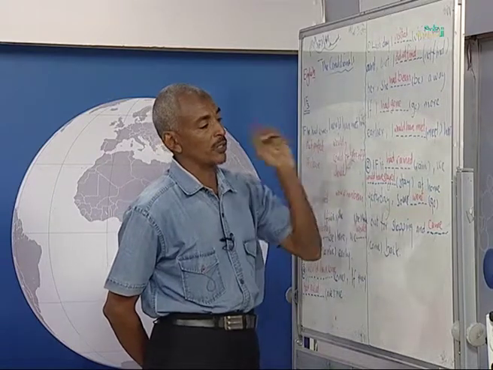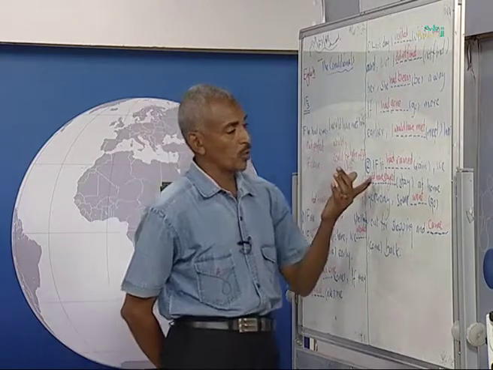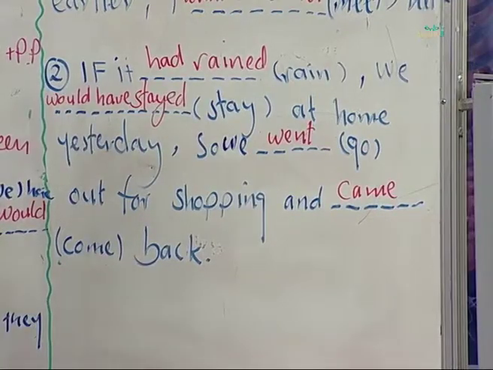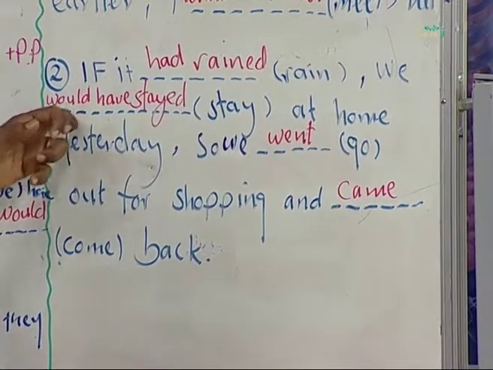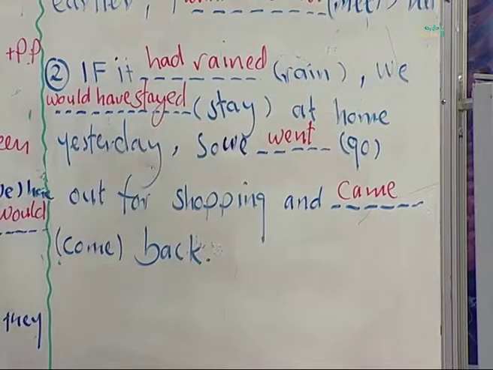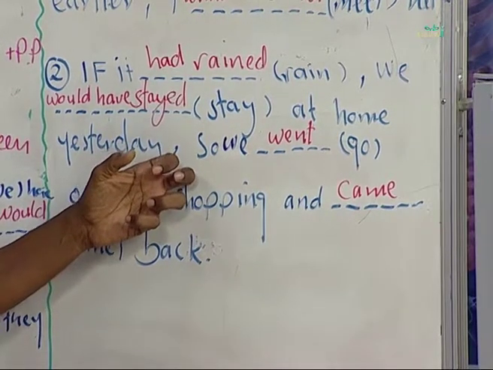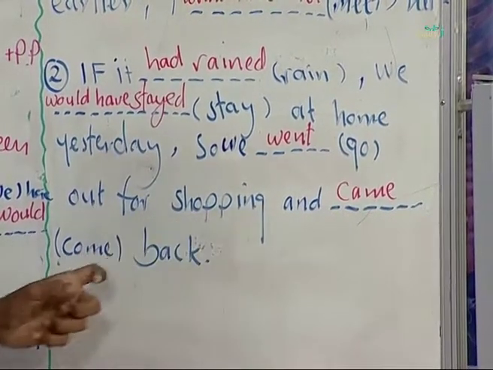They went out. According to it, we solve this question like this: If it had rained, we would have stayed at home yesterday. So we went out for shopping and came back.